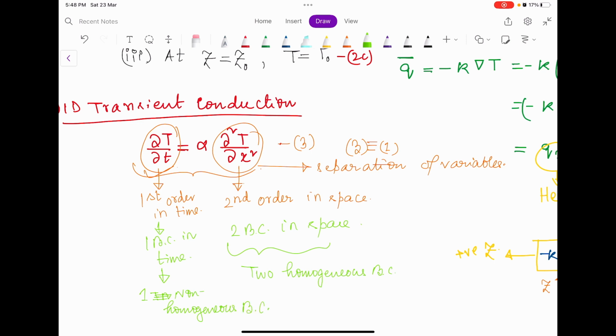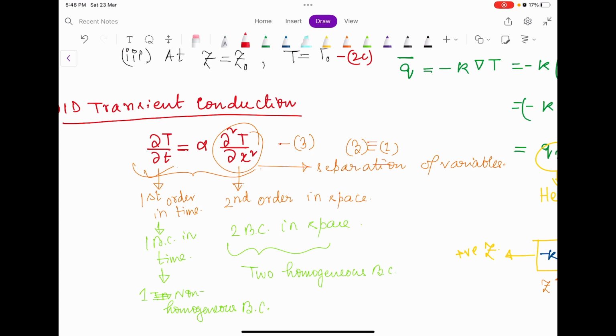And the equation itself should be homogeneous: two homogeneous boundary conditions in space here, and one non-homogeneous boundary condition in time here.